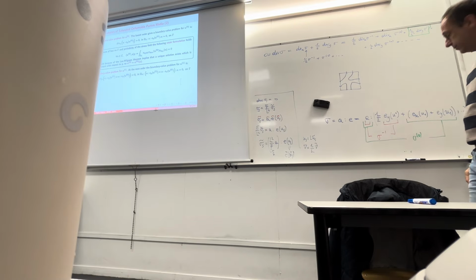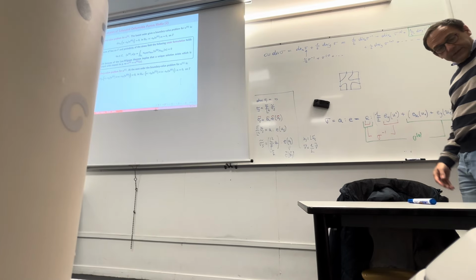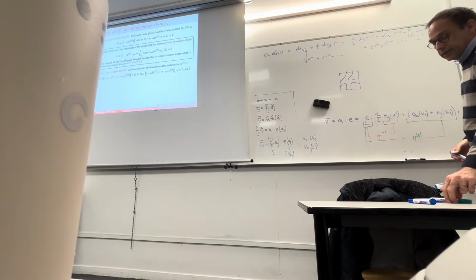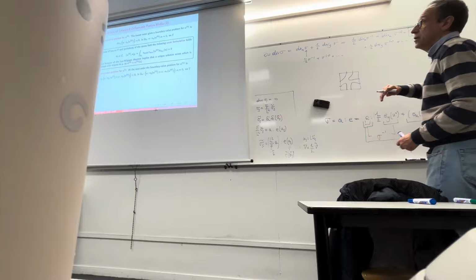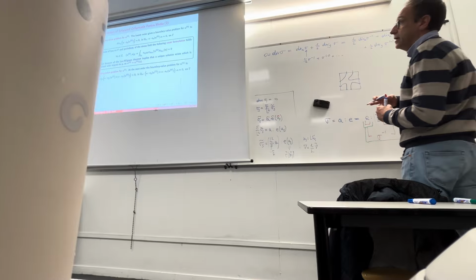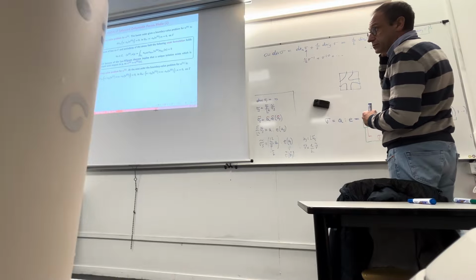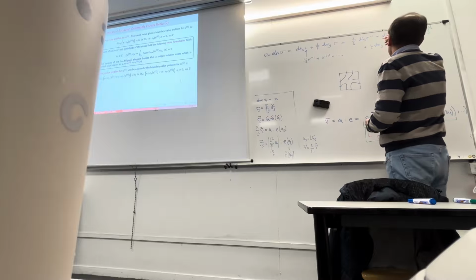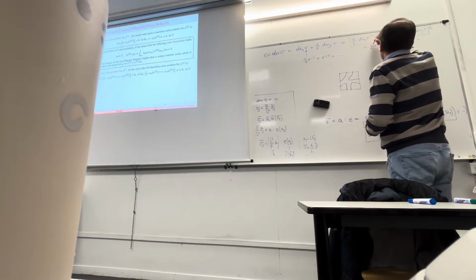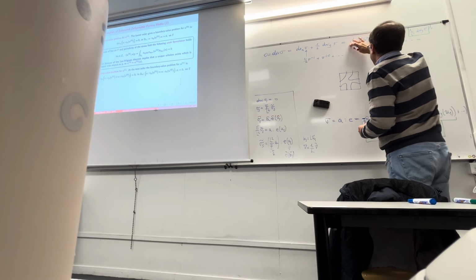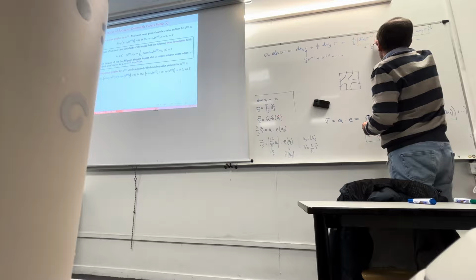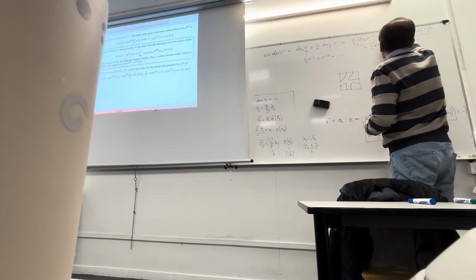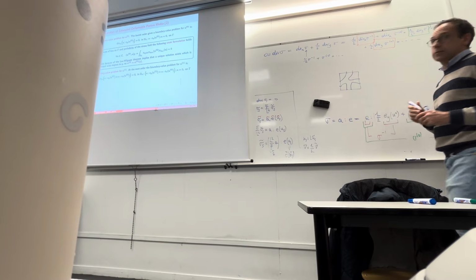So now we have to consider the other two terms, which are these two. This and that. So the terms of order 1 by xi. This and that. Okay.